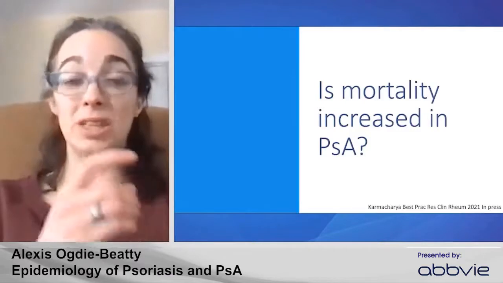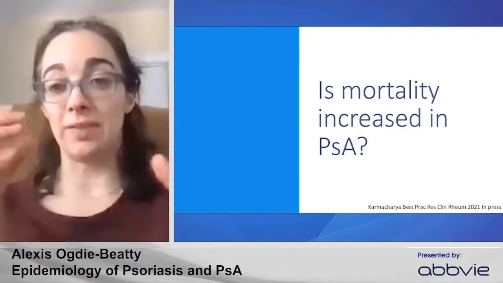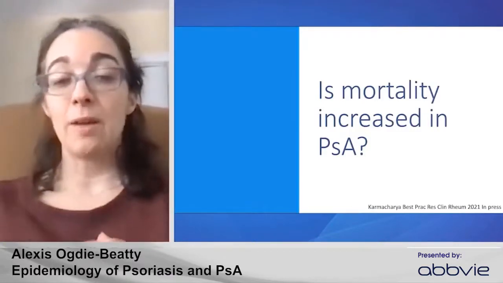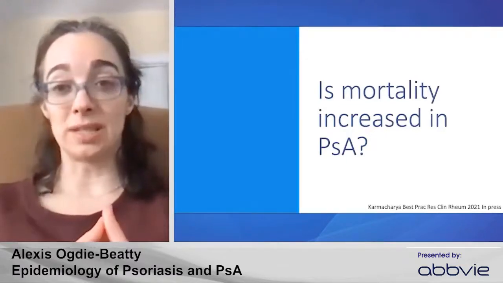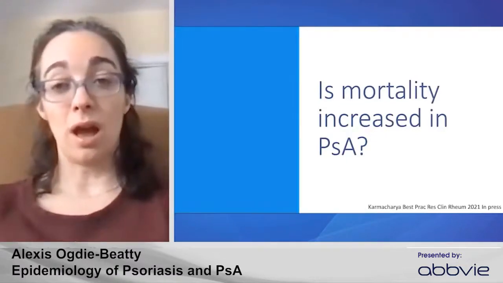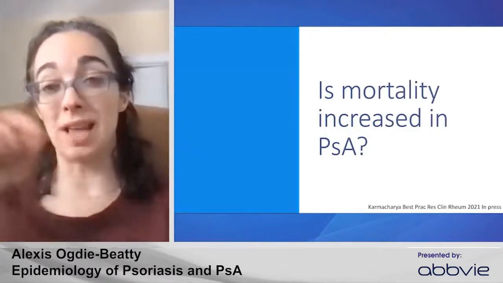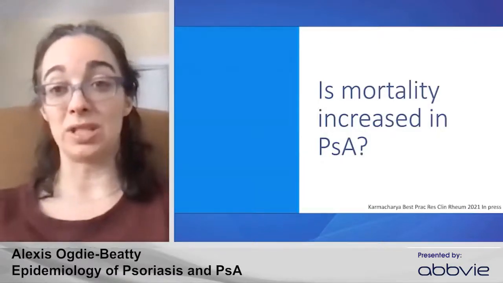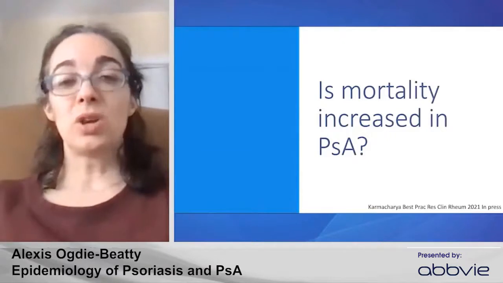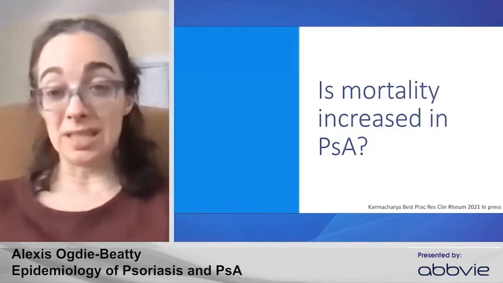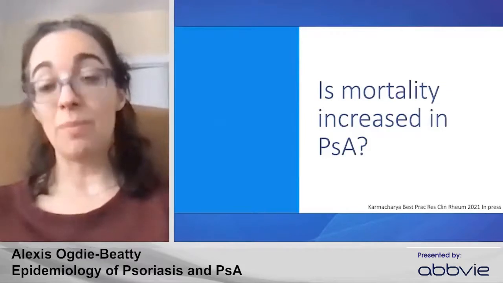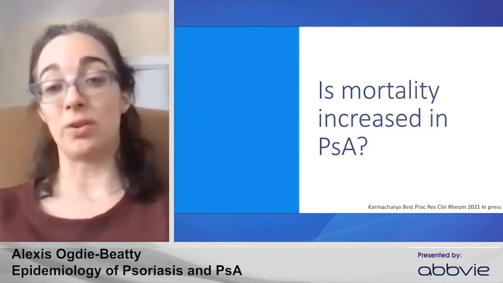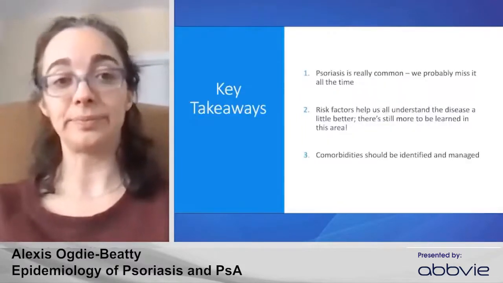So if you looked in the Toronto cohort, which was a kind of a disease-specific cohort, particularly back in 2007, they published studies suggesting that there was a significant increased risk for mortality, and that was actually different by the severity of a patient's disease. So this argues for getting patients to lower disease severity, but encouraging patients that on average, most patients don't have a significant increased risk for mortality.